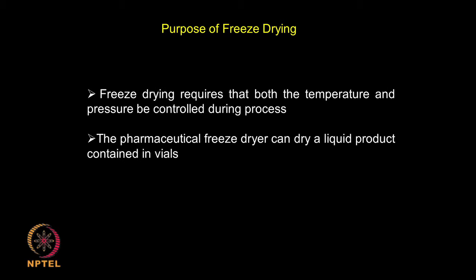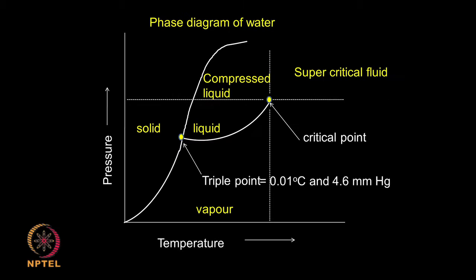So, this requires both the temperature and pressure to be controlled during the process. Okay. It can dry a liquid product contained in vials, it can also dry products into solids and so on. So, if you look at the phase diagram for water, what is a phase diagram? You have the temperature, you have the pressure and you have solid, liquid, vapor.